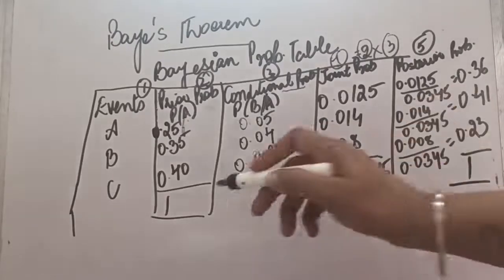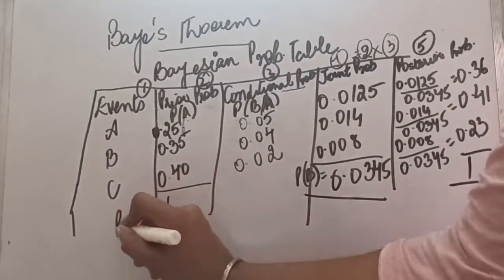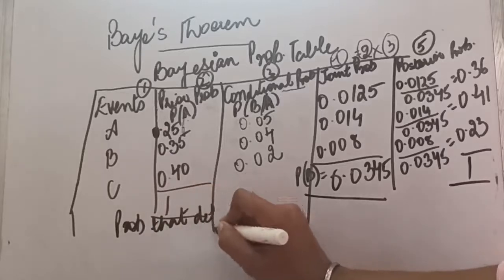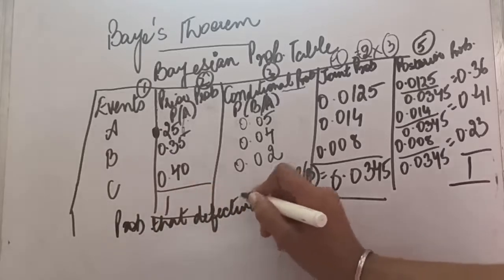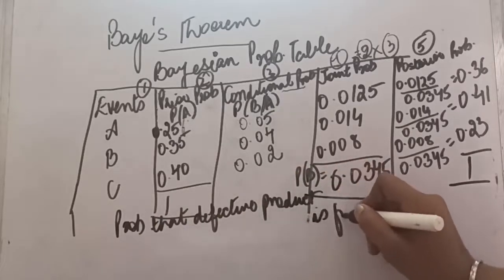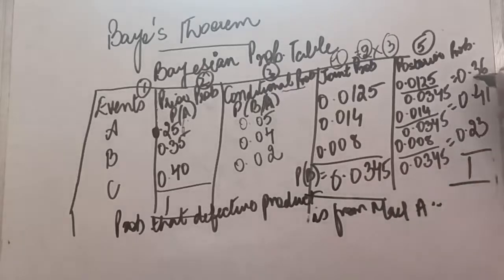So in the last, you will write the probability that the defective product is from machine A. So what is the probability? That is 0.36, or we can write 36%.